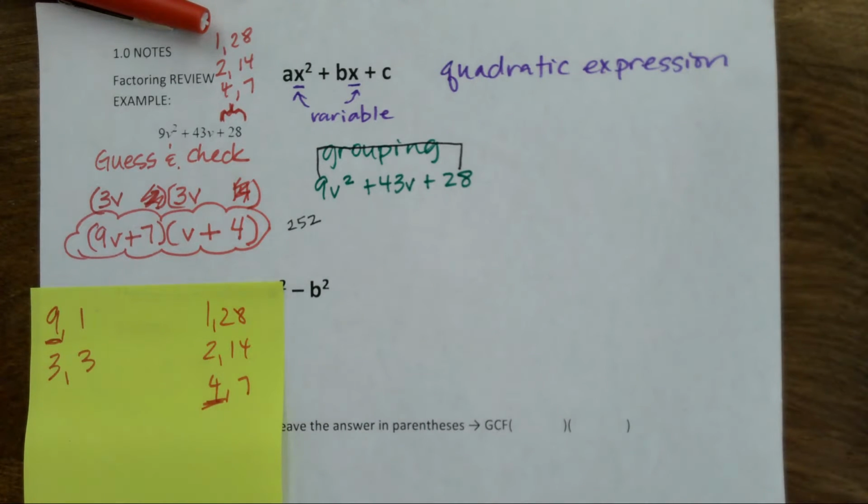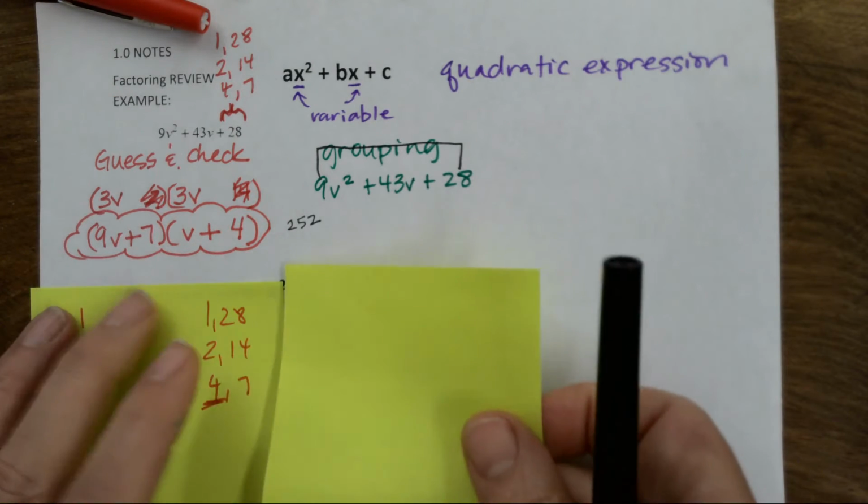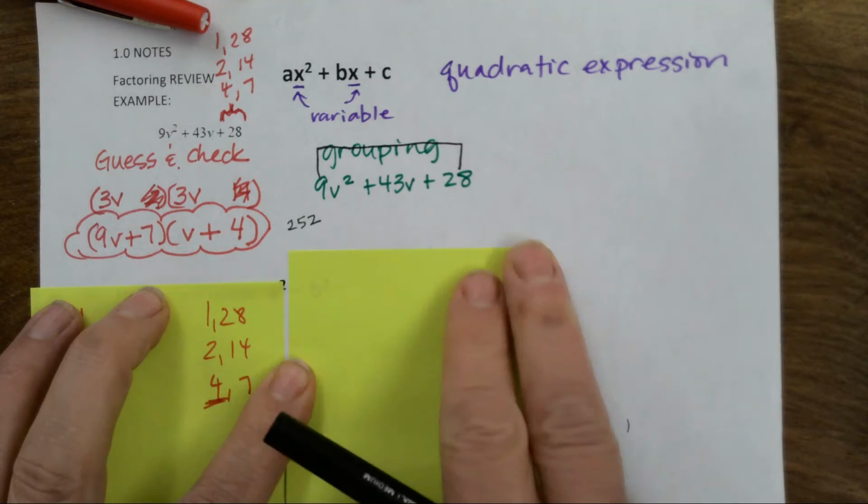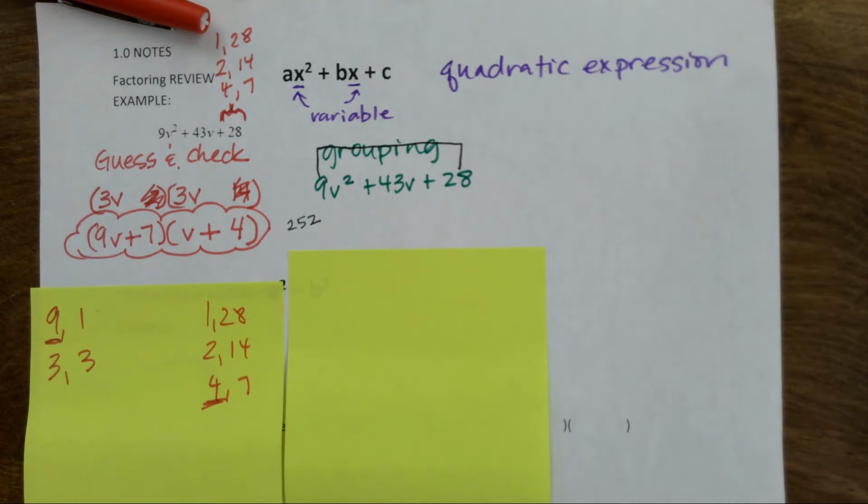And again, I'm going to take another piece of little paper here, and I'm going to start writing down factors of 252. Now, in this method, if you are organized, your life can run very smoothly.